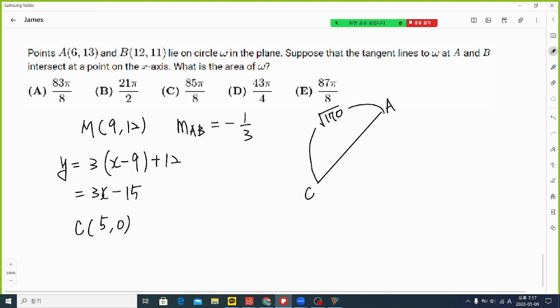And AMC is a right triangle because C is on the perpendicular bisector between A and B. And the length of AM is 3 and 1, so the sum of the squares is 10, the square root of 10.